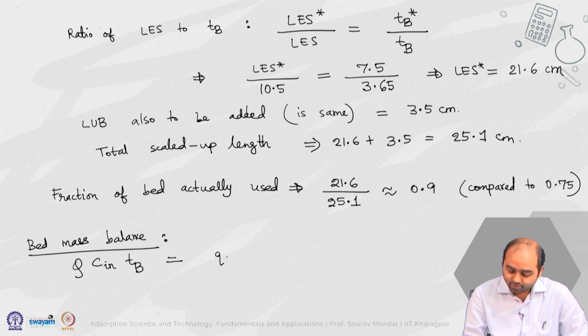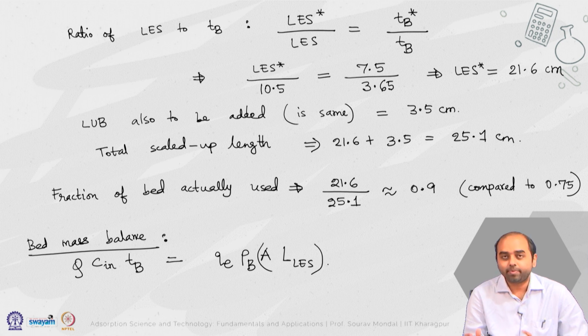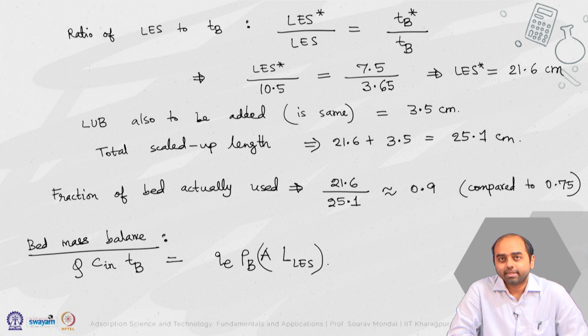This is the equilibrium QE that is loaded. This is the density of the bed, this is the cross section of the bed, and this is the length of the equilibrium section of the bed, where actually this mass is getting captured.